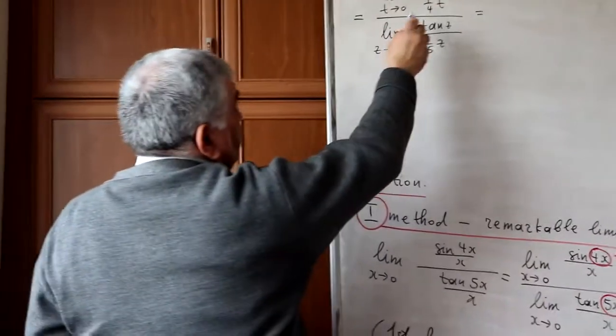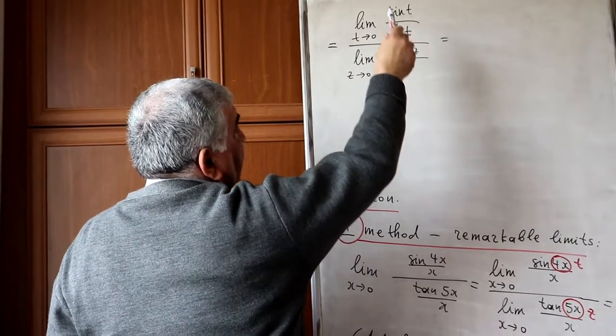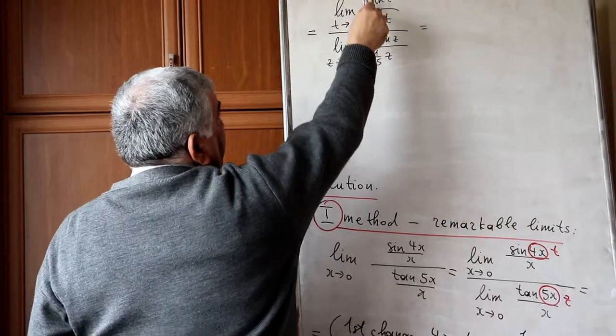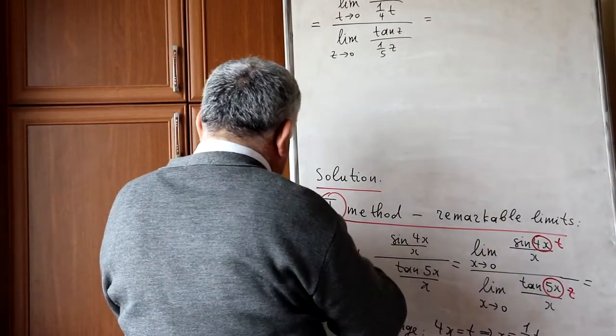Here 4 and 5 will transfer to the numerators.